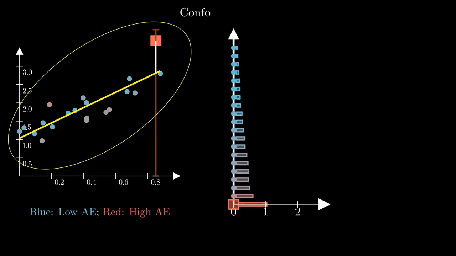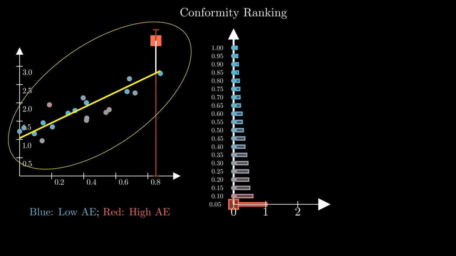On the right, we have our conformity ladder, where the vertical axis shows the rank of each point in the sorted non-conformity array. That is, the higher the non-conformity of a point, the lower it sits in the vertical axis. The horizontal axis shows the non-conformity values, here the absolute error of each point. It is evident from the left plot that the current plausible value makes our square stand out in the bag, very different from the other points.